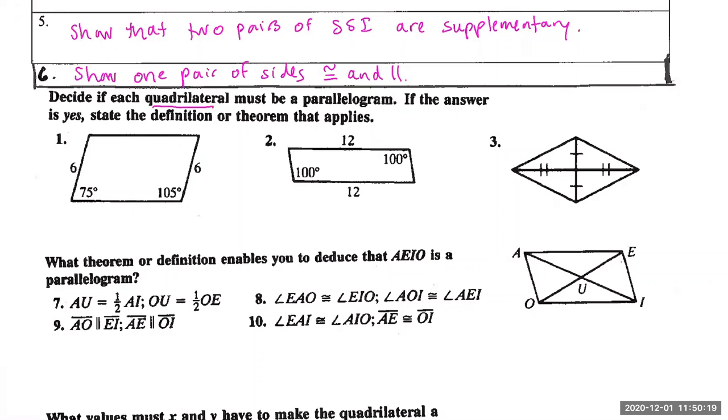When you're looking at the numbers, let's start with something easier, like number 3. For number 3, what do you think? Yes or no first, and then if yes, can you state a quick reason? Perfect, Cody.